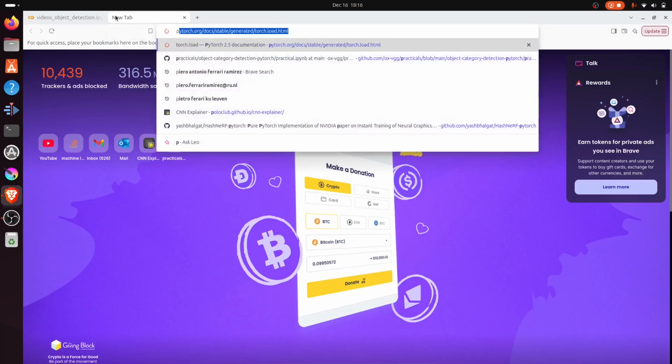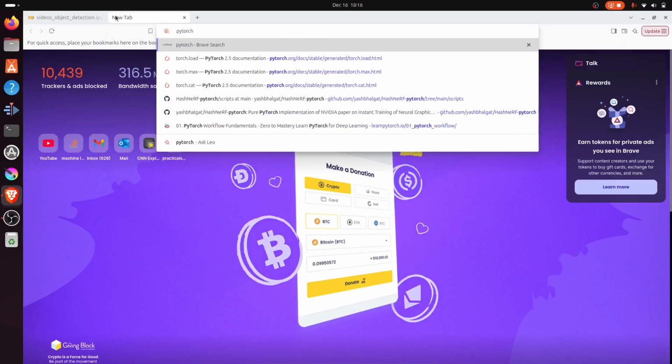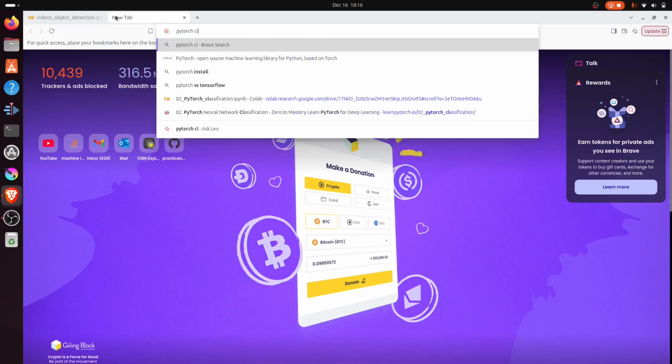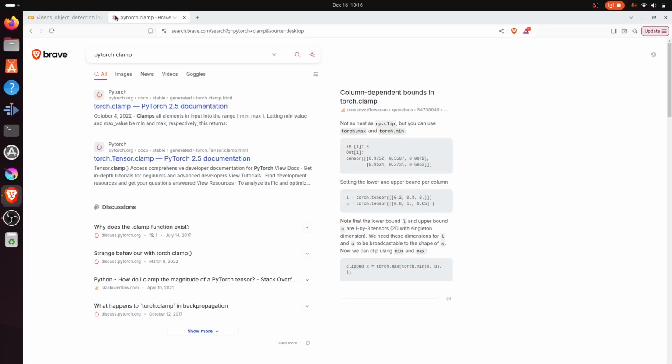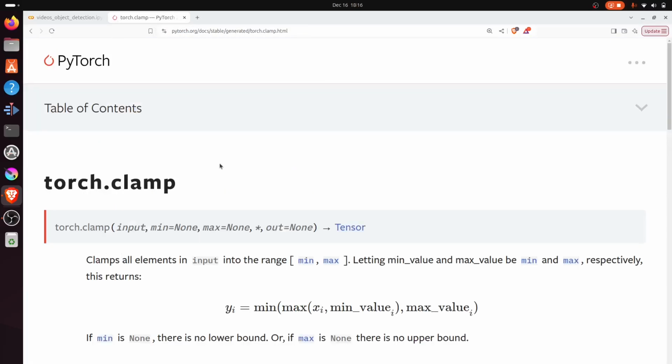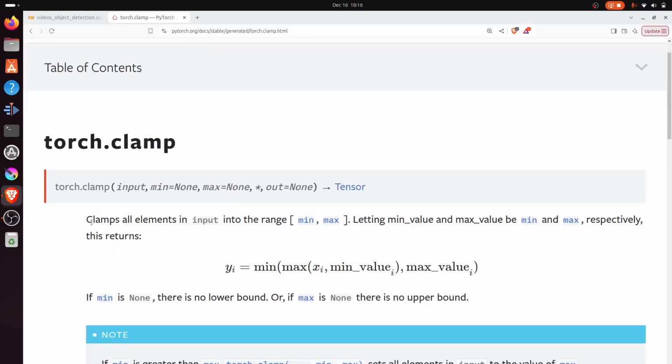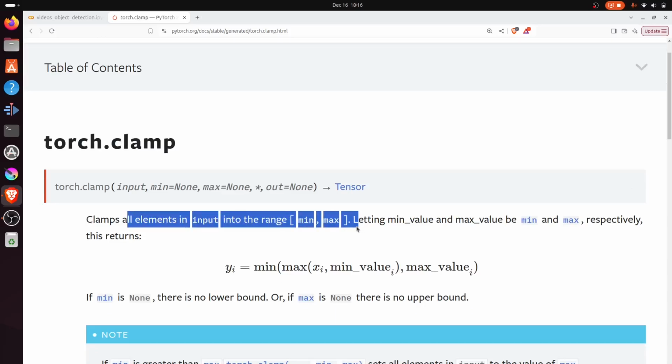PyTorch clamp essentially clamps all elements in the input into the range that you specify between a minimum and a maximum.